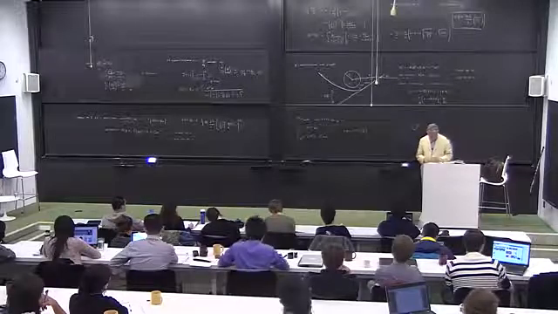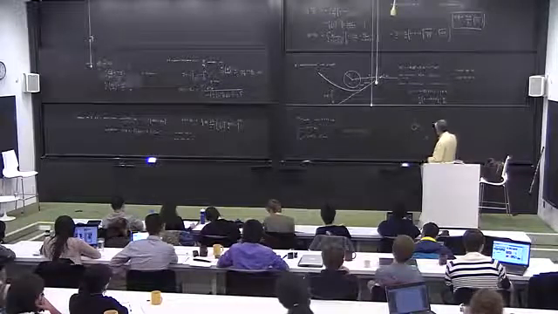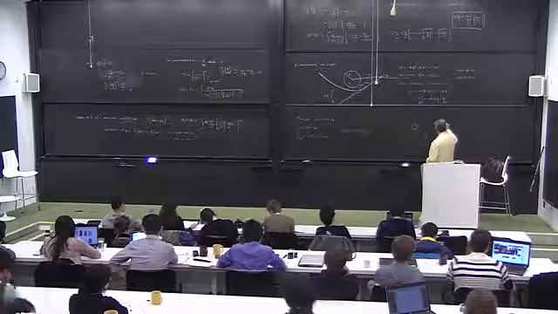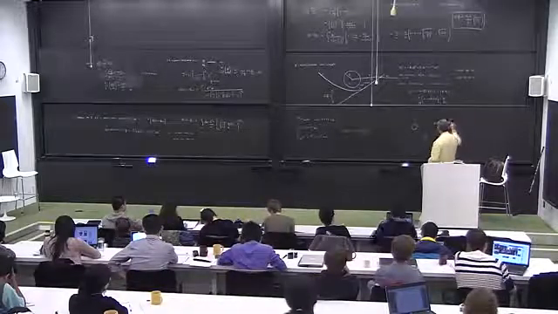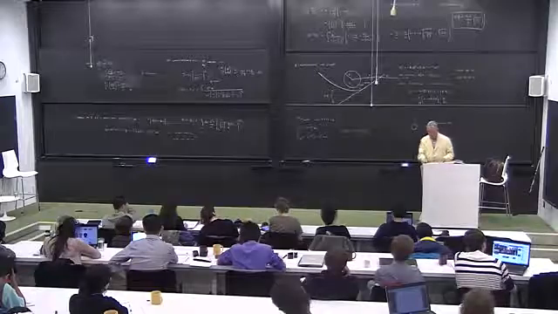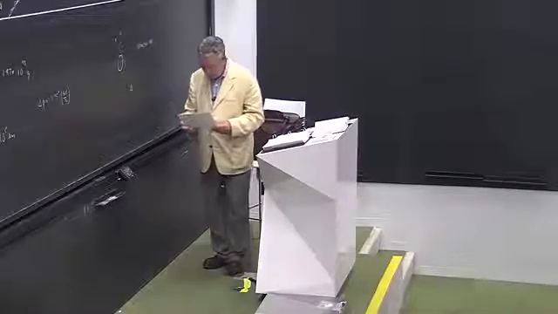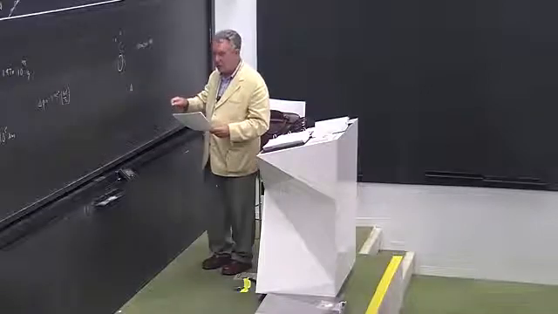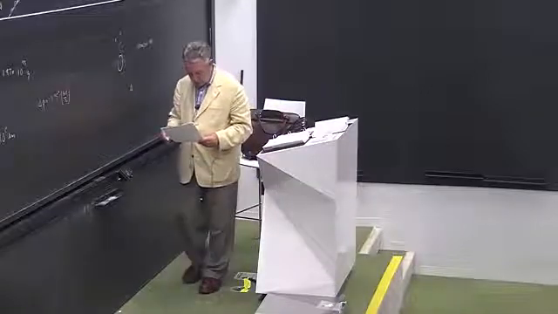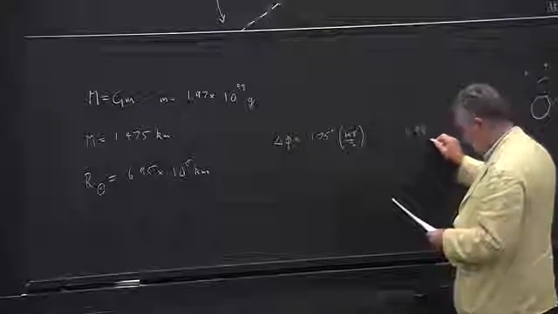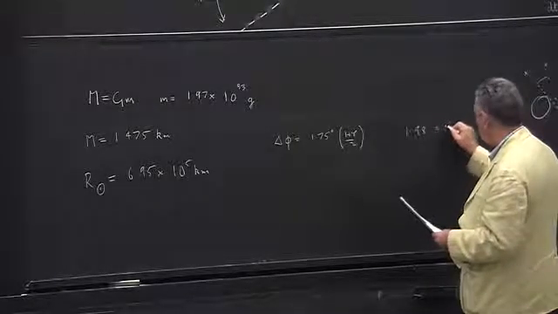And this was measured by Eddington in 1919. There's some dispute about whether he fiddled the numbers to make it work. But in any case, he got 1.98 plus or minus 0.16.